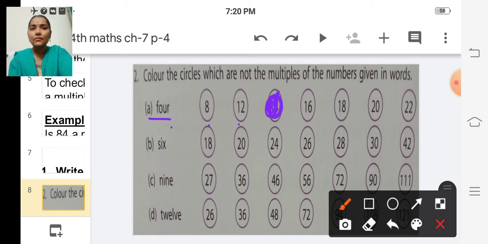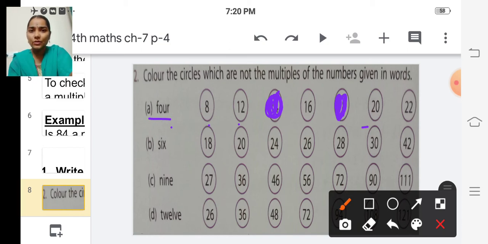Okay. And next one, 12 plus 4 is 16. So 16 is a multiple of 4. And 16 plus 4 is 20. So 18 is not a multiple of 4. So you have to color the circle. Okay. And 20 plus 4 is 24.